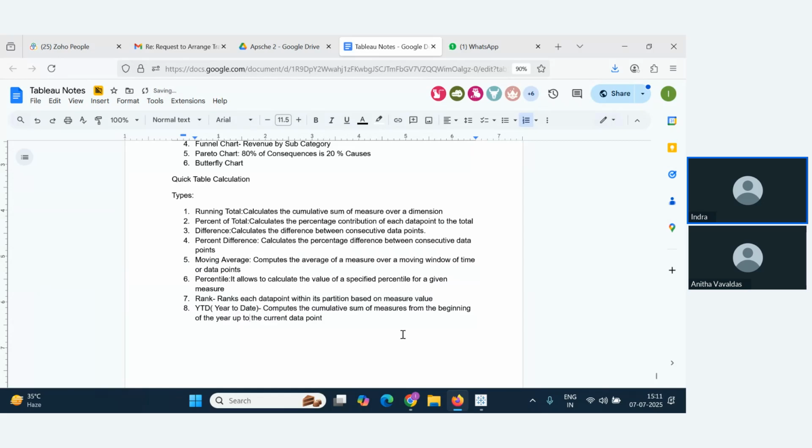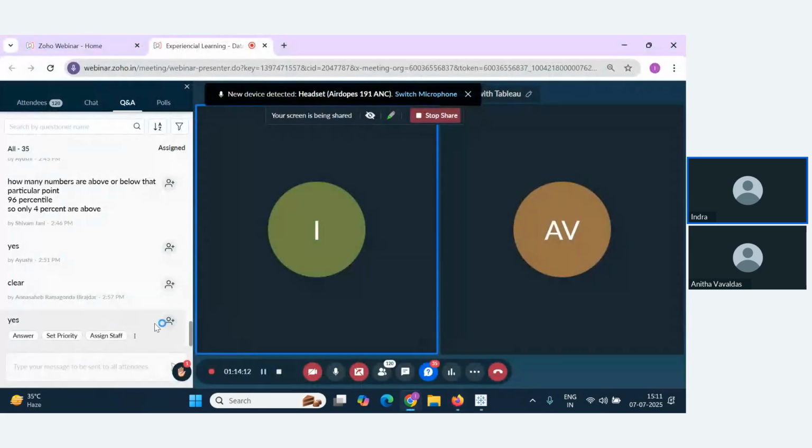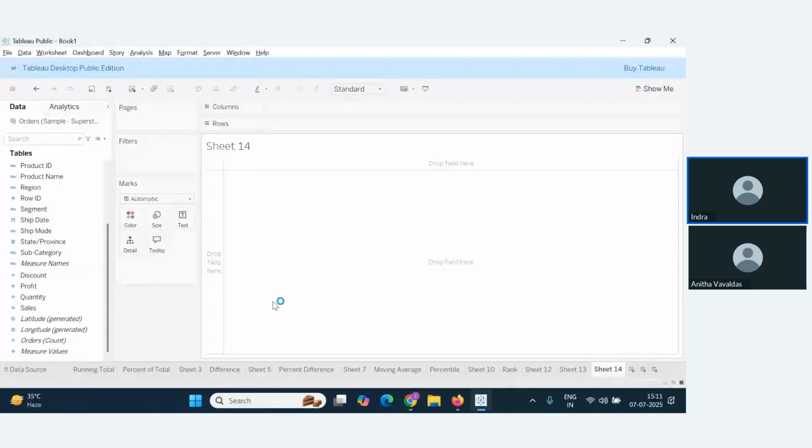Now, as you can see here, we have YTD. It means that we must have a date related field in the visualization in order to calculate YTD.